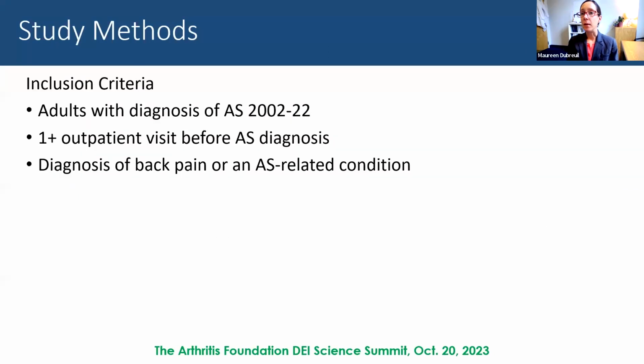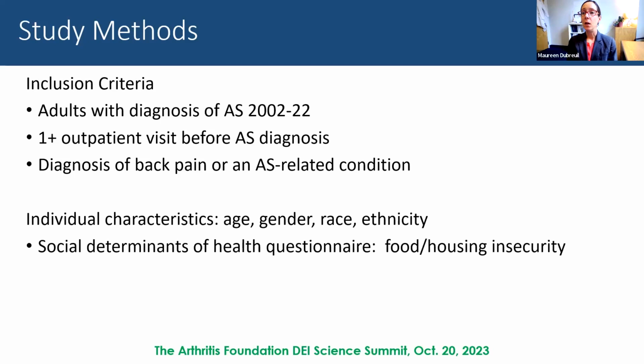So in terms of our methods, we included adults who had a diagnosis of ankylosing spondylitis in the last 20 years. We required prior to that diagnosis that they had at least 1 outpatient visit in our system. And we required a diagnosis of back pain or another AS-related condition before the AS diagnosis. Next. We assessed recorded data on several other individual characteristics as well.